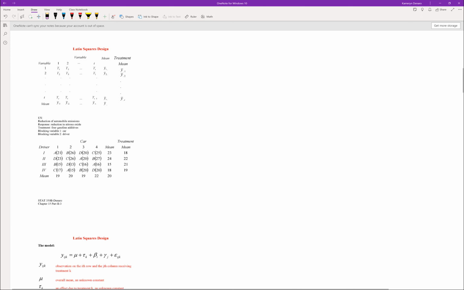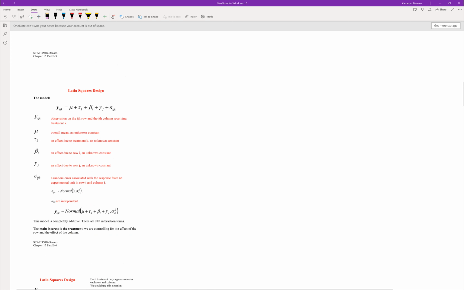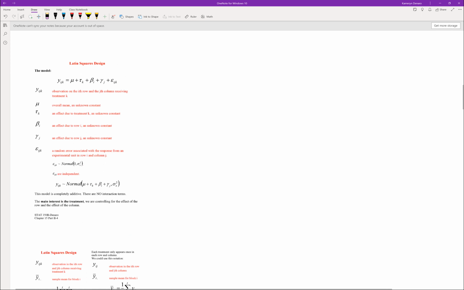All right. The actual model is written out as Y sub ijk equals mu plus tau k plus beta i plus gamma j plus epsilon ijk. Y sub ijk is our response variable for the ith row and the jth column receiving treatment k.